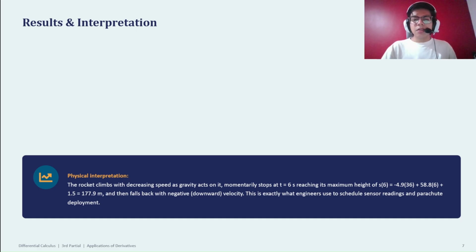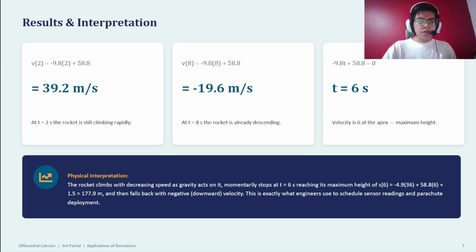This is exactly what engineers use to schedule sensor readings and parachute deployment. So the results are here. For A, we have that it equals 39.2 meters per second. At t = 2 seconds, the rocket is still climbing rapidly.